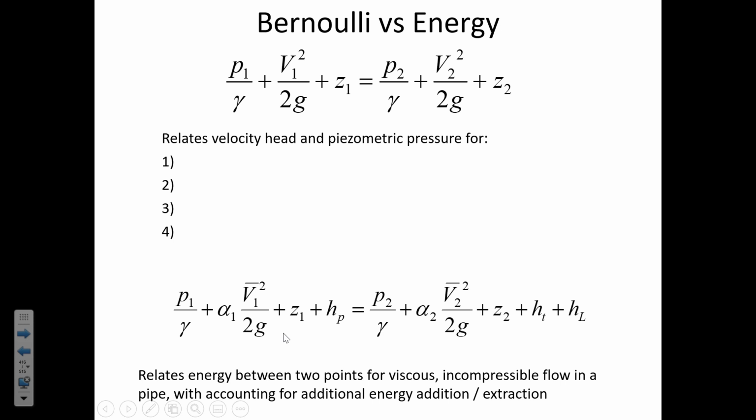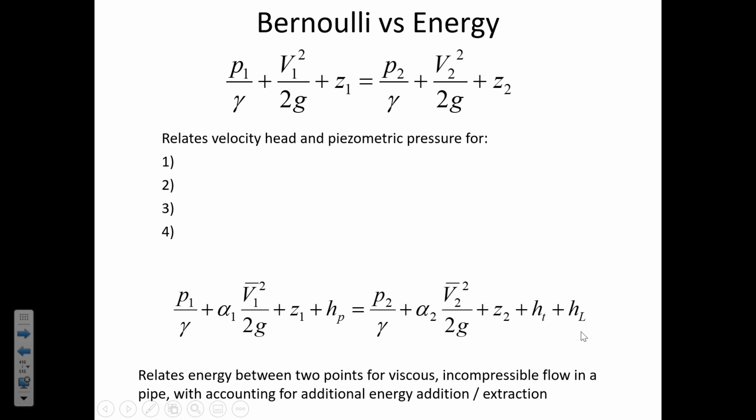The left-hand side has different things than the right-hand side. H sub P is on the left, H sub T and the head loss are on the right. Because there's different stuff on the left and the right, you have to be more careful with what you assume for upstream and downstream. 1 refers to the location that's upstream, 2 is downstream, in the direction of flow.